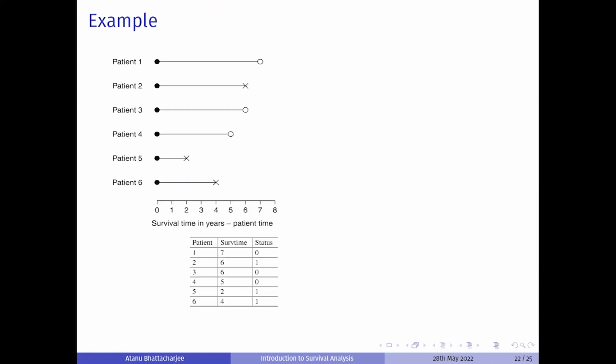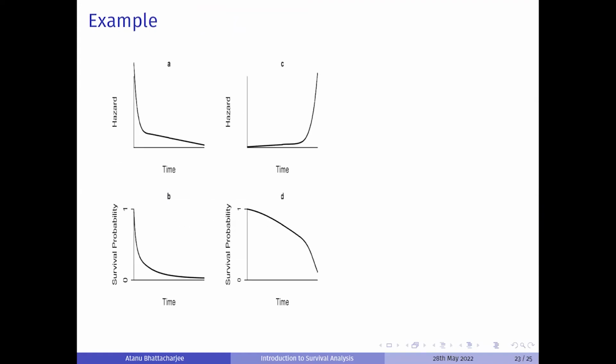So these are the censoring mechanisms. Now, as I said, the hazard function and survival function are the reverse of each other. You have seen that the survival function typically starts high and drops down, and the hazard function starts low and goes up, but this does not always happen.